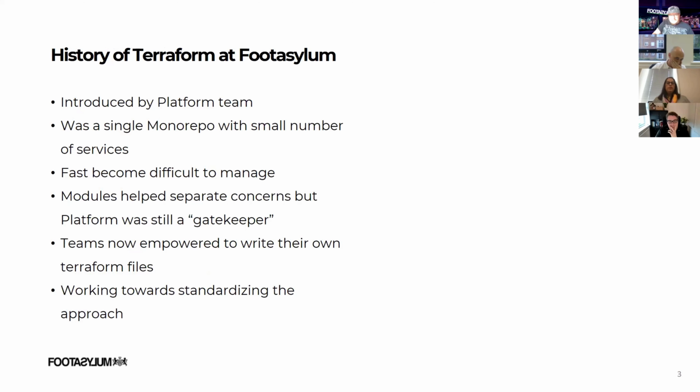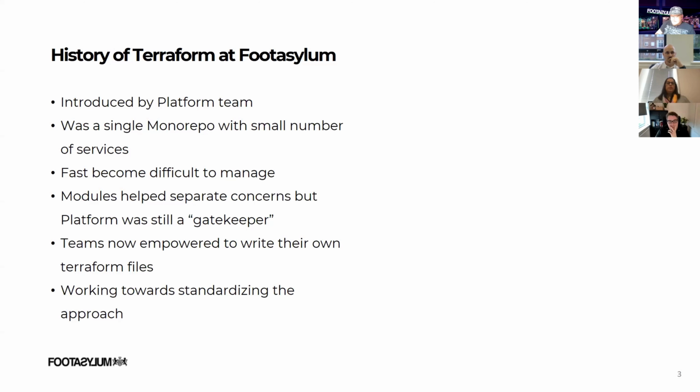So the history of FOOTASYLUM's use of Terraform. It was introduced into the platform team by a third party when we started to build more services into Azure. At the time, it was a Monorepo that was looking after a small number of services.